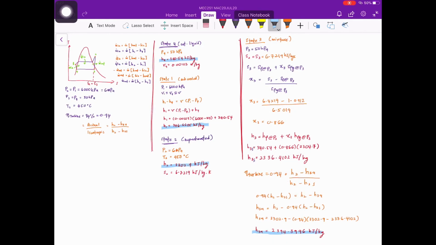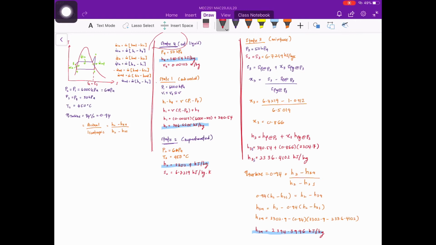Since we now have all the enthalpies for each state, we can solve for the items requested by the questions. But before that, I would like to highlight that it is very important for you to know the condition for each state. For example, state 4 is the state leaving the condenser before entering the pump.